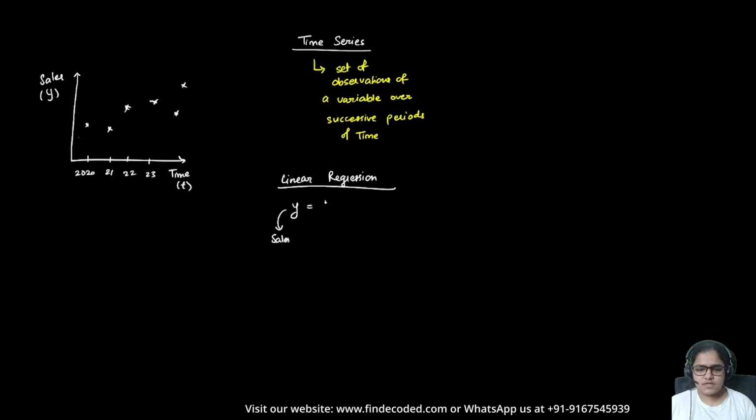I will have some intercept term, I will have the slope coefficient, and now I will have an independent variable, and in this case, as you can see, the independent variable is going to be time. This time acts like an independent variable.